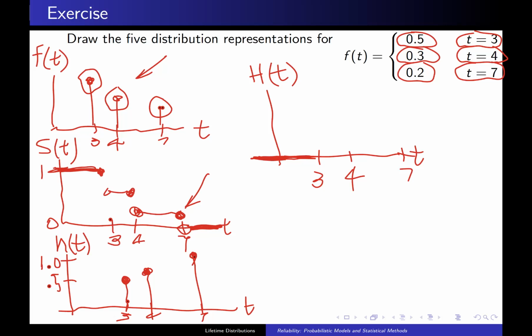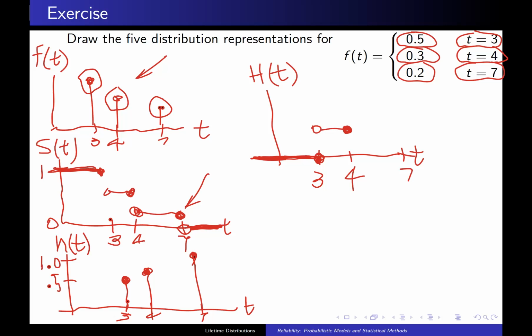And then it will jump upwards, and the amount that it jumps upwards will be the opposite of the log of 0.5. So at this point it jumps up to the opposite of the log of 0.5.